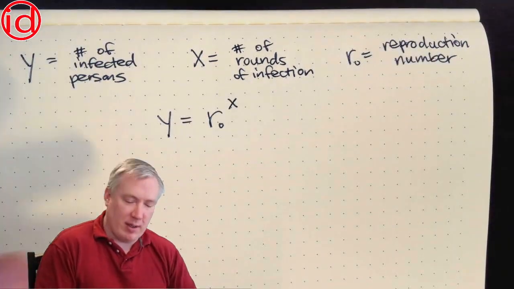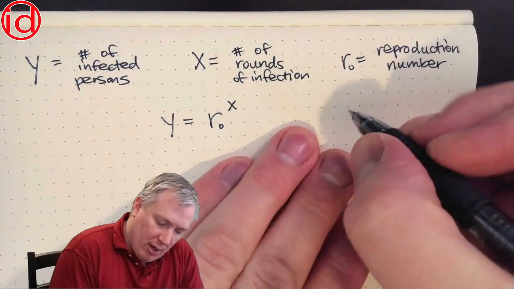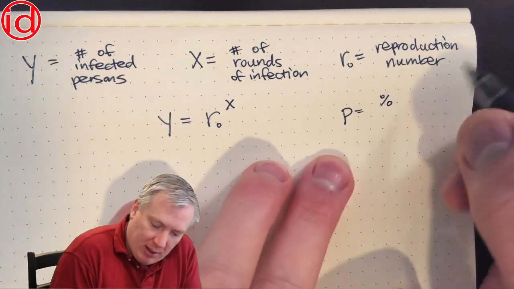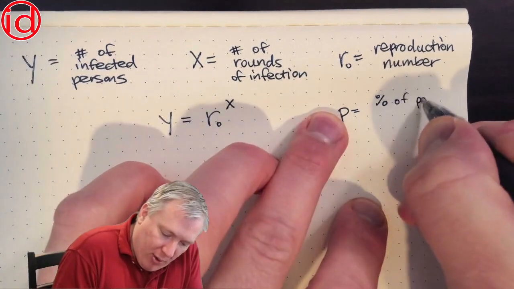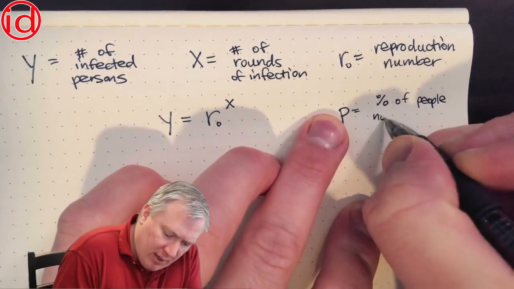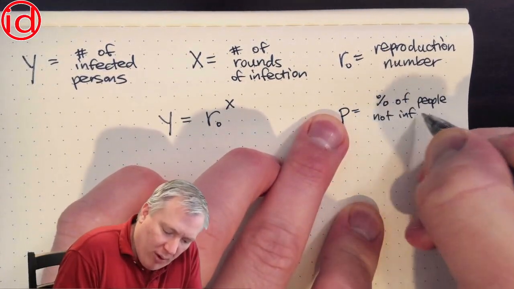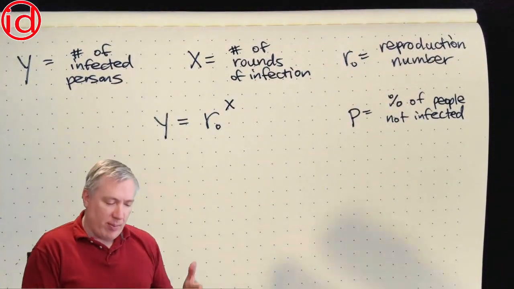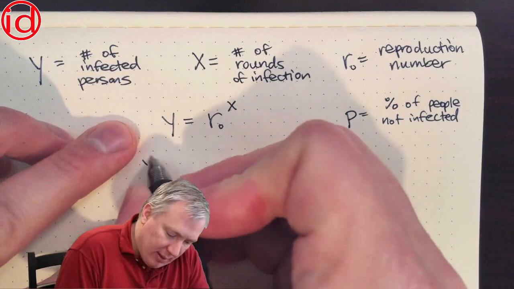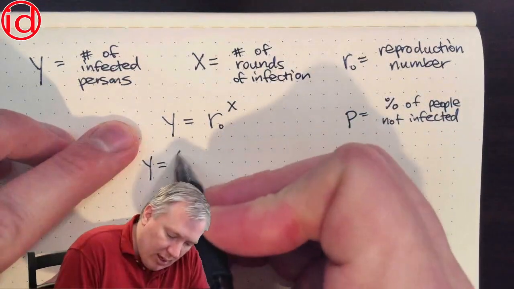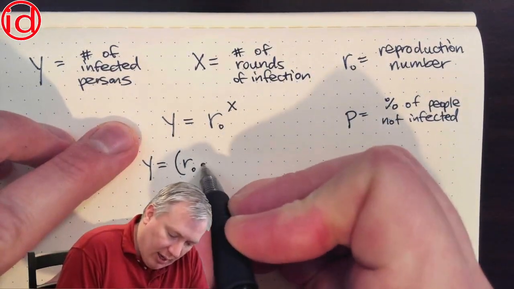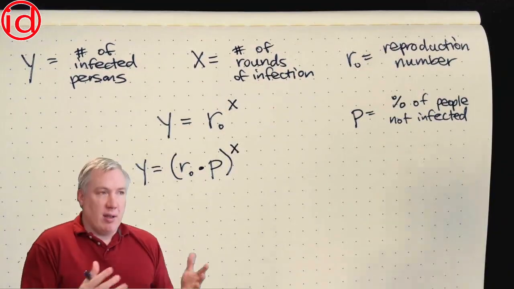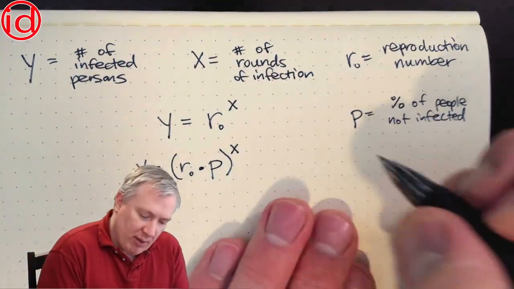So we took this equation and we came up with a new number, which I'm going to represent with p, which is the percentage of people not infected. This was key because if you were infected, you could not get sick. And so we modified this one step by saying that y was equal to r naught times whatever this p number was. And I'm going to go ahead and substitute here.